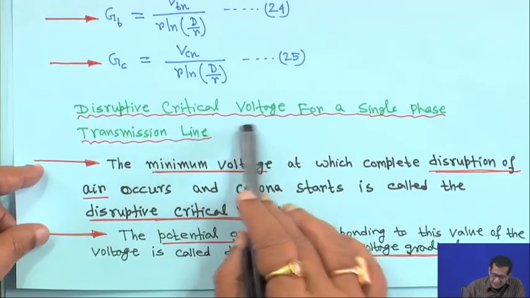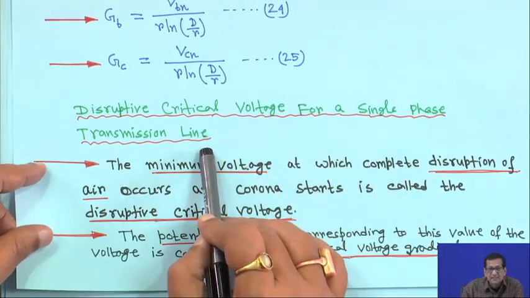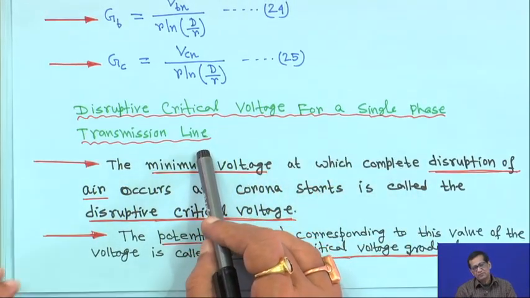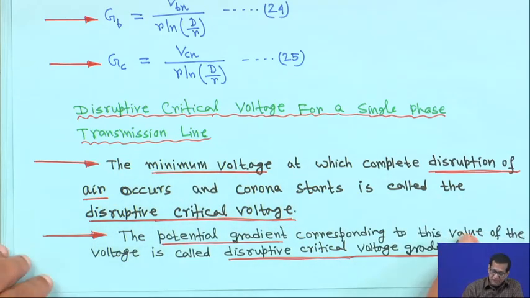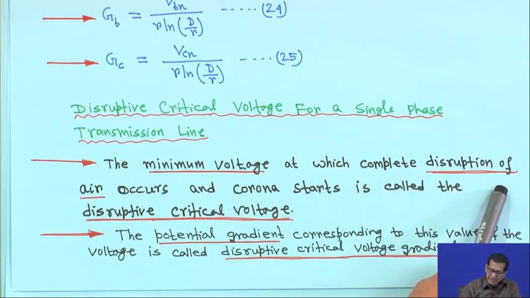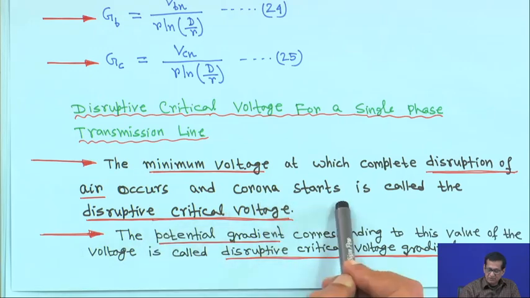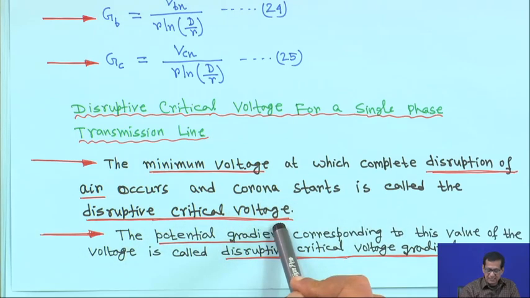Next is disruptive critical voltage for a single phase transmission line. First we will consider single phase, then we will move over to 3 phase. The minimum voltage at which complete disruption of air occurs and corona starts is called the disruptive critical voltage, right.